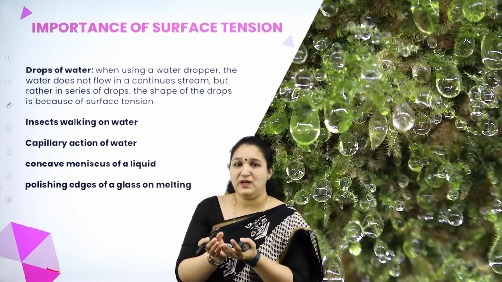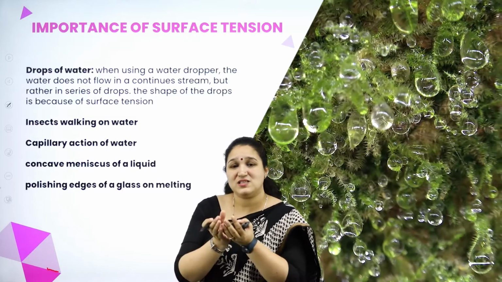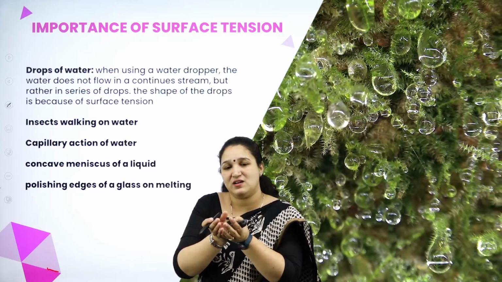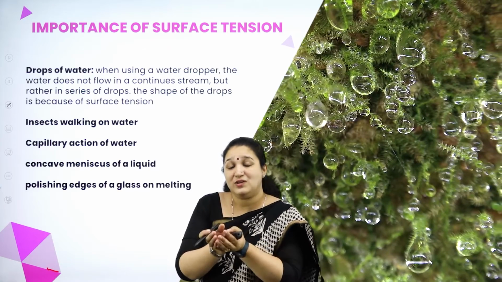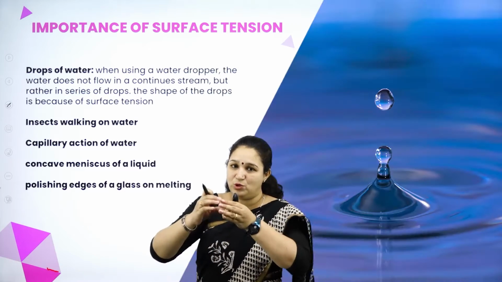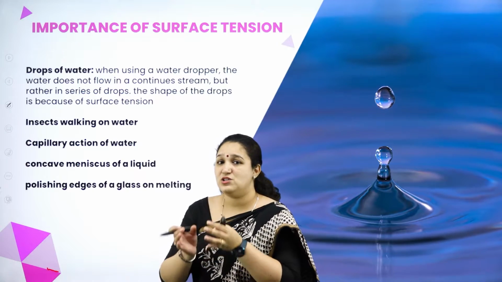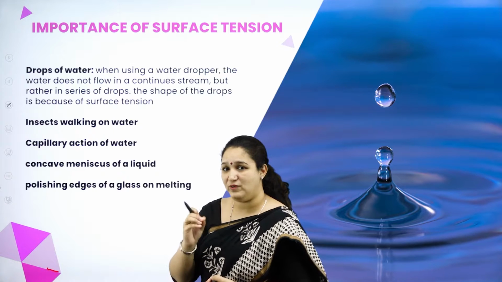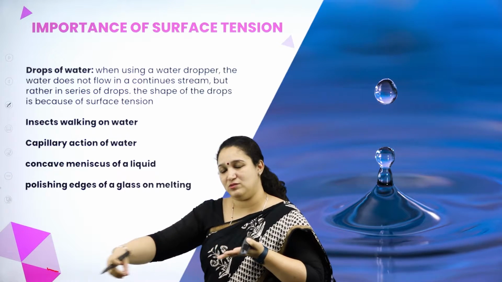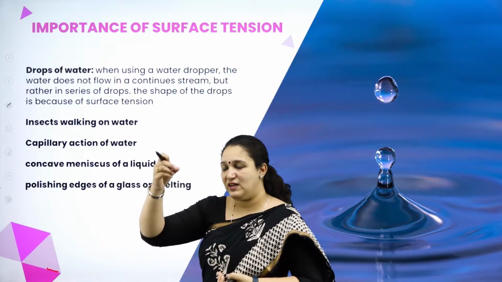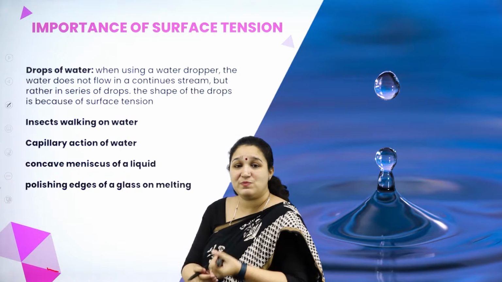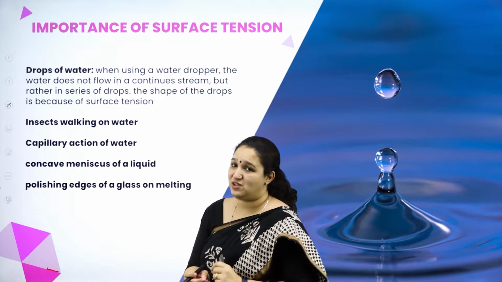When it is dropped, the molecules want to reduce the surface area, or the surface energy has to be reduced so that it becomes stable, and all the molecules come together to take up the shape of a drop. So water will not just flow like a stream, it will come in the form of drops, and those drops have a particular shape because of the surface tension.